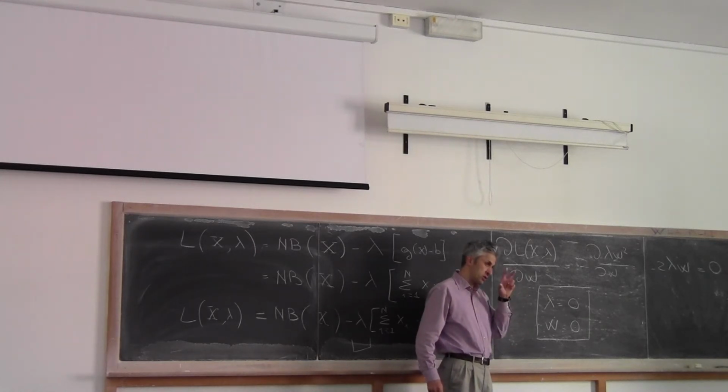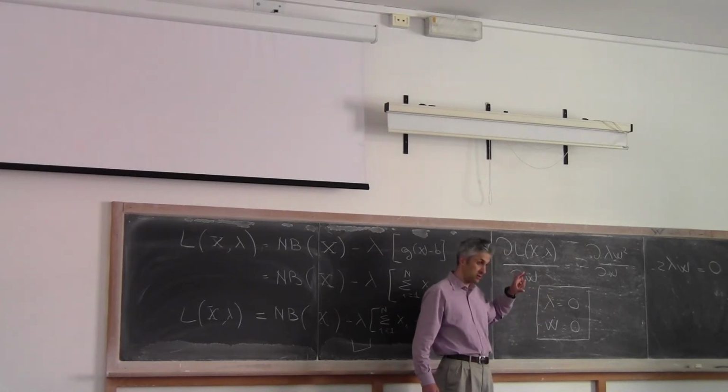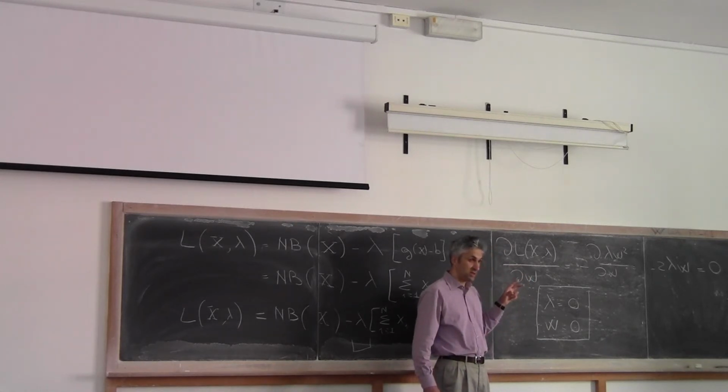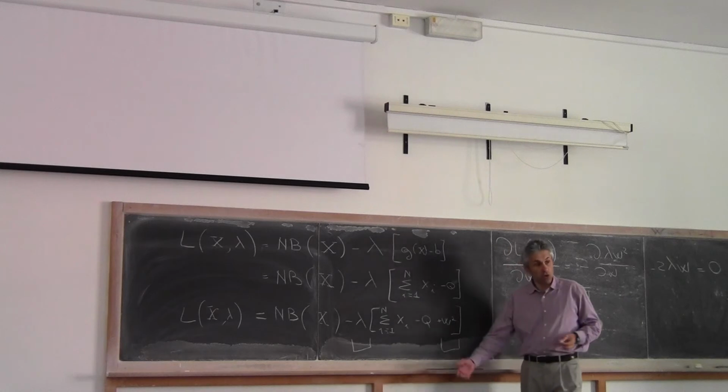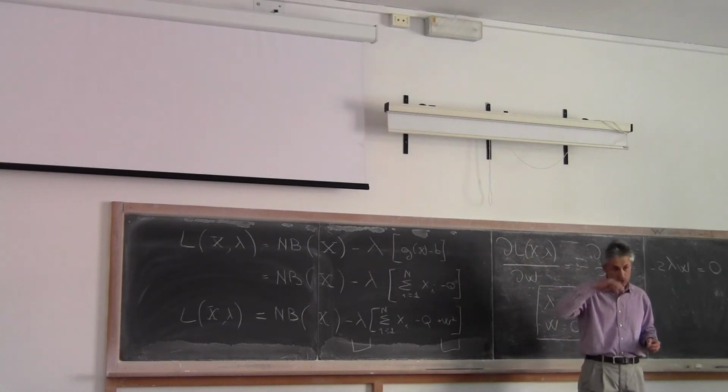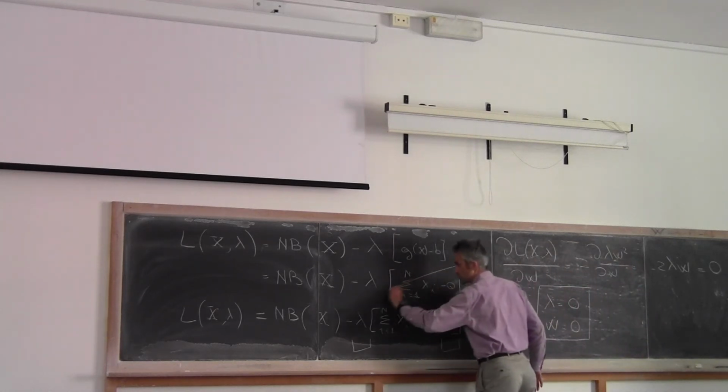So in this situation, you have lambda equal to 0. What does this mean from a practical point of view? This means that in your Lagrangian, the old Lagrangian that you considered on Tuesday, you don't have the constraint.